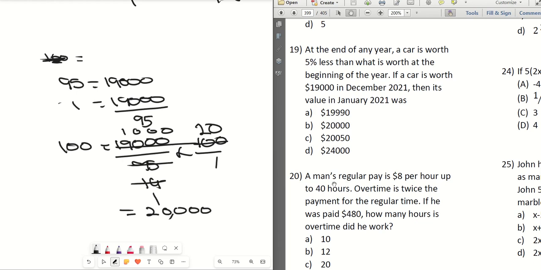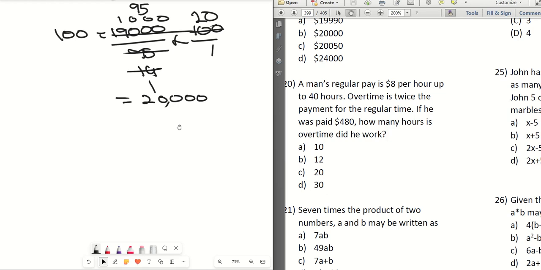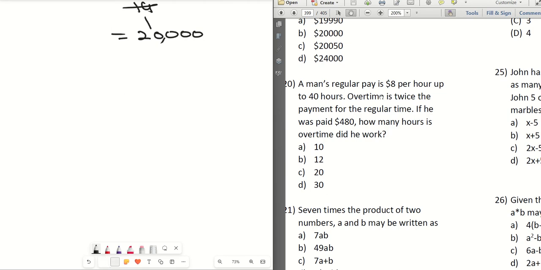Right, let's look at number 20. A man's regular pay is $8 per hour, up to 40 hours. Overtime is twice the payment of the regular time, so twice the payment is 8 by 2 is 16. If he is paid 480, how many hours of overtime did he make? So let's see how much. 8 multiplied by 40 is equal to 320, and that is how much he would normally be paid without overtime.